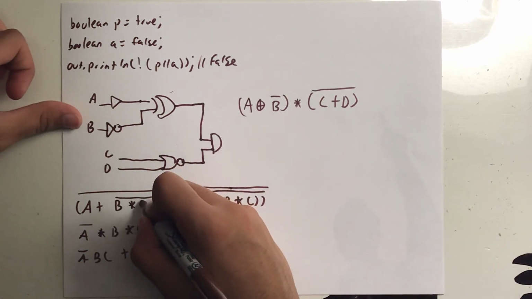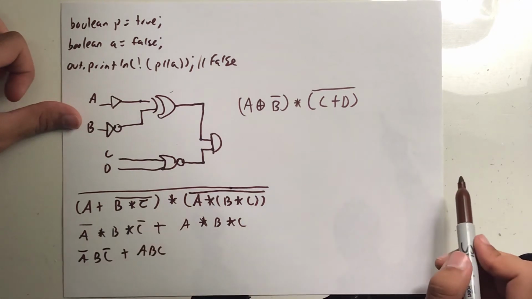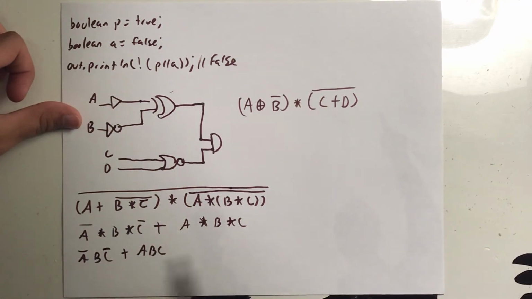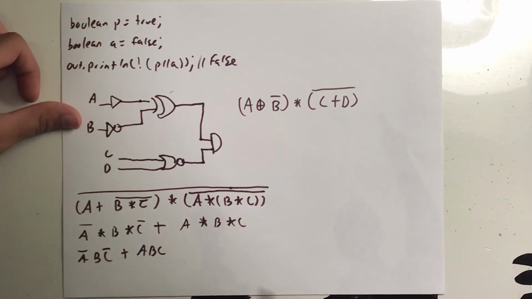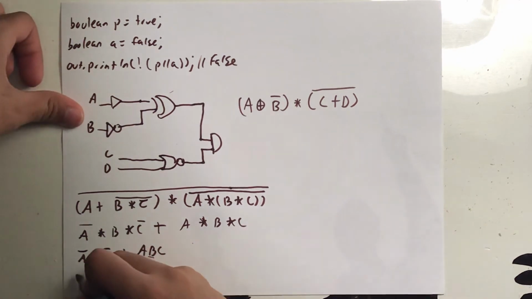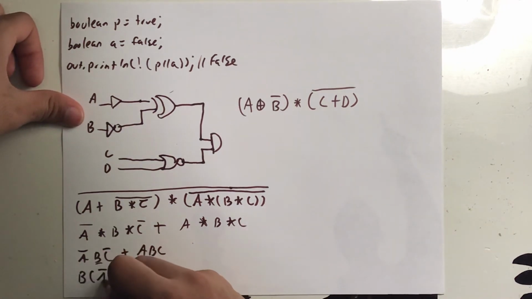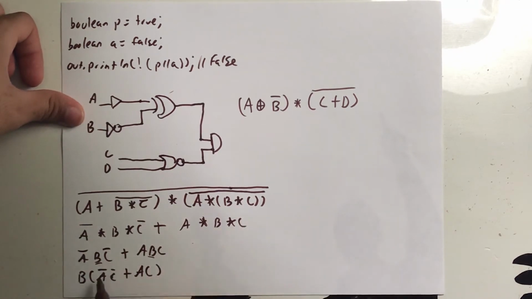There was actually supposed to be a not on top of the C. So now from here we see, well, what variable is in common in both of them, and that is the B. So we're going to factor out a B. And we're left with not A, not C, plus A, C. Well, we have two knots, and we're ORing them with two variables that aren't being knotted, and that is just exclusive NOR.